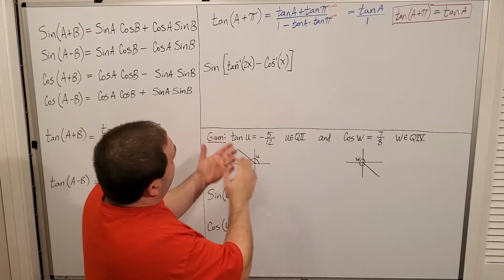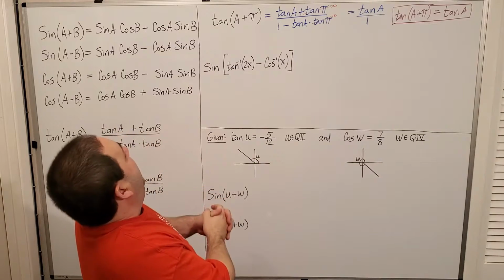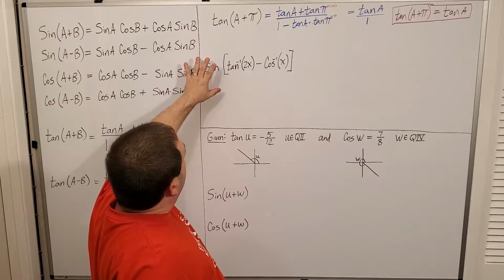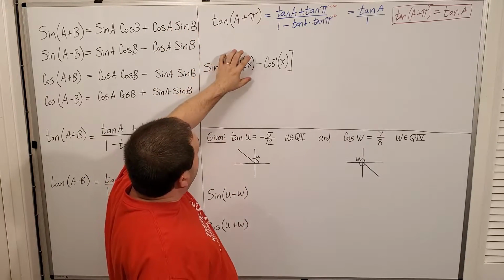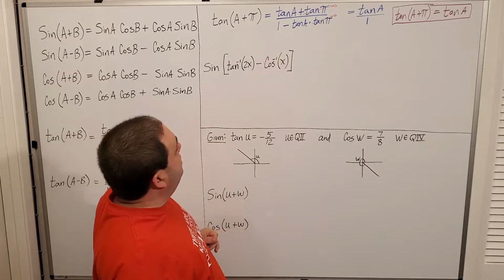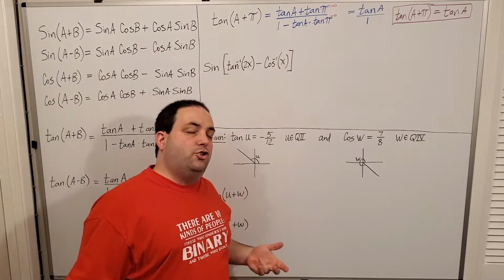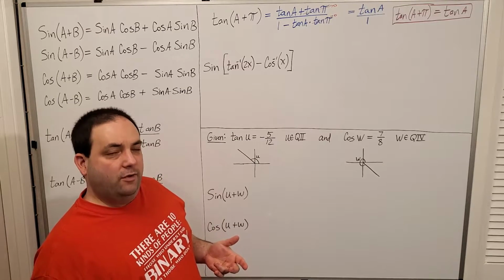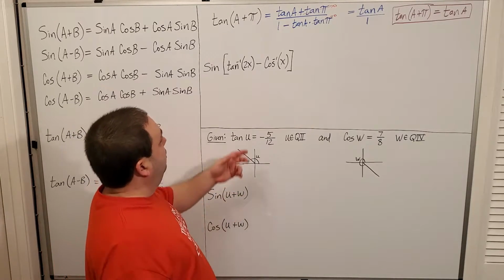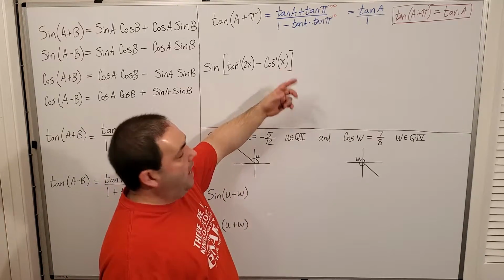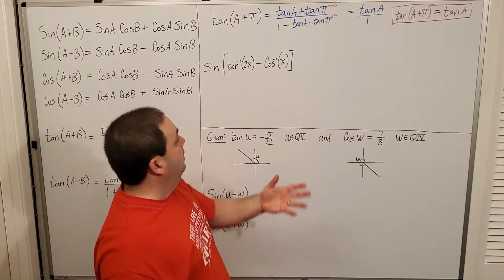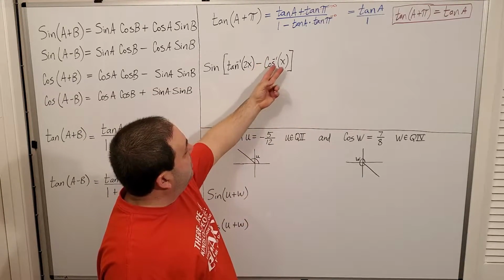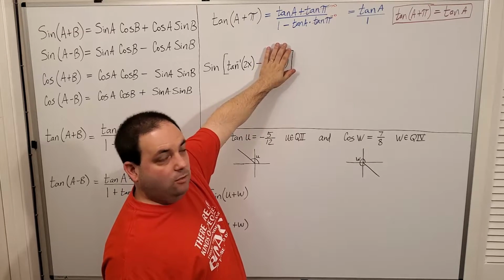Okay, next example. What if I have a sine that I need to have a mixture of two different angles, but I'm getting those other two angles from some inverse trigonometry? So in other words, I've found some value, x is some ratio. I'm going to be doing the inverse cosine of that ratio. That's going to give me an angle.